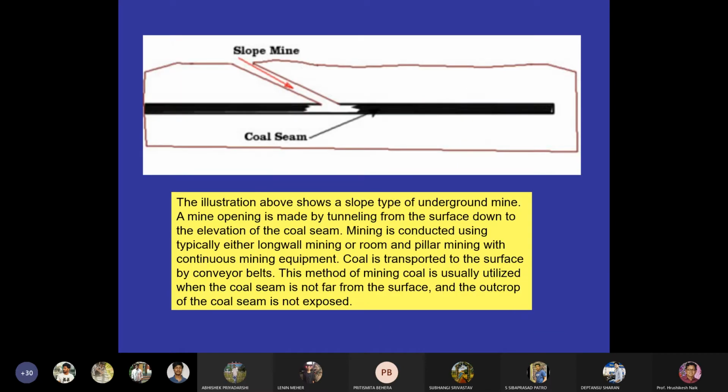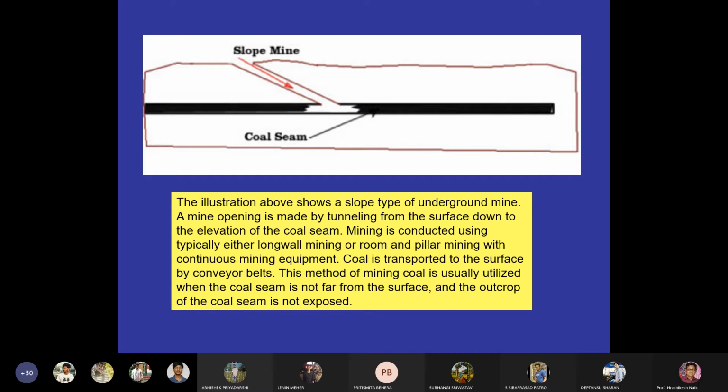And there is another type of mining, slope mining, or incline mining. This is the surface, and this is the incline through which you can enter the coal deposit. The illustration above shows a slope type of underground mine. A mine opening is made by tunneling from the surface down to the elevation of the coal seam.